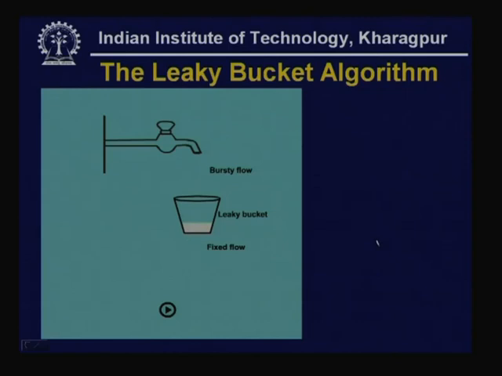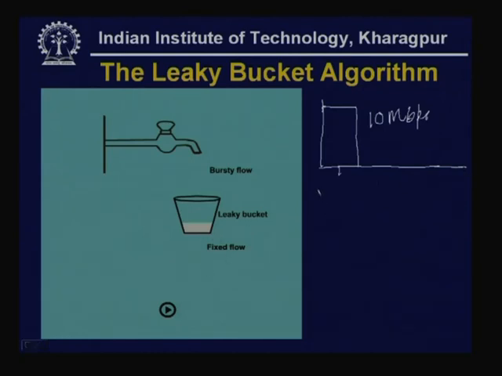So, what it essentially does, suppose the input packet generated by the source node is like this. Suppose it generates at the rate of 10 megabits per second for 2 seconds, and then for 2 seconds it does not send. So here it is bursty in nature.